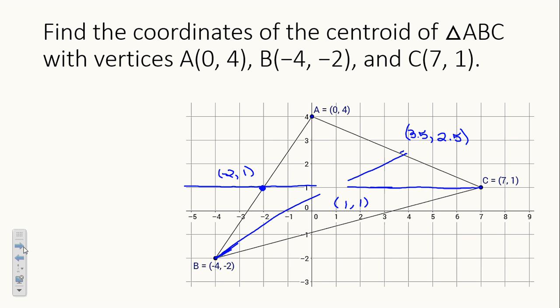My drawing was correct. 1.5, negative 0.5. Nope, this was 1, 1. Okay, 1, 1 was right. The next one, yeah, I was looking ahead.